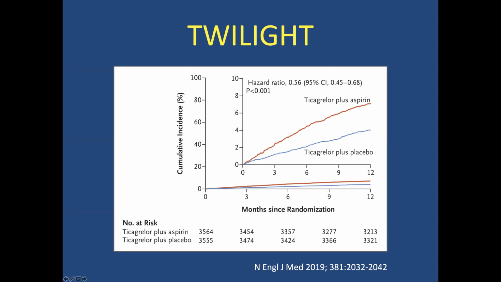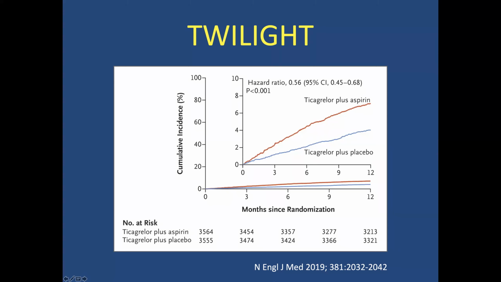But the data for doing that sort of de-escalation therapy is not really there, and there's not really a lot of guidance on who we can switch over safely, and what the timing should be, whether it's after 1 month, after 3 months. But they are working on that.